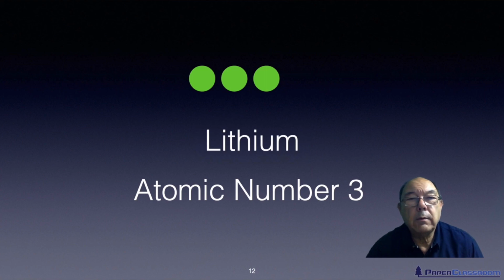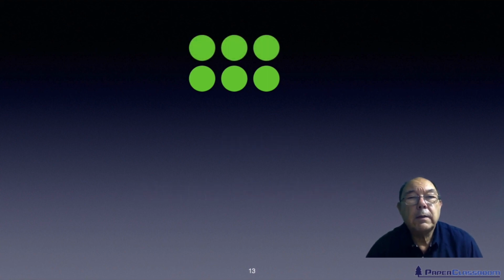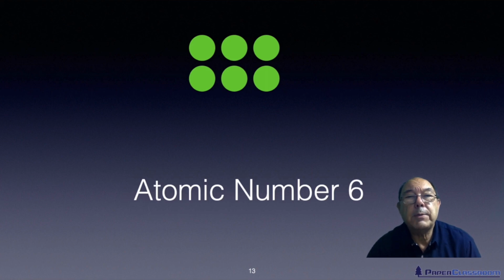One more now. I could go through all 100 odd elements, but one more just to keep us a bit sharp. Here we have 6 protons in the nucleus. What is the atomic number of that element? Correct, it's 6. And does anyone know what that particular element is?